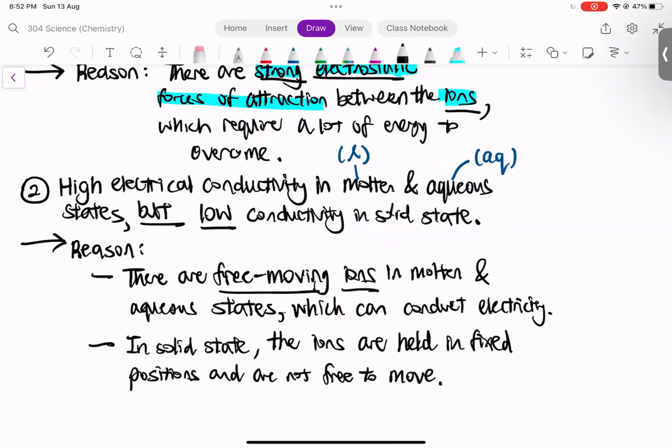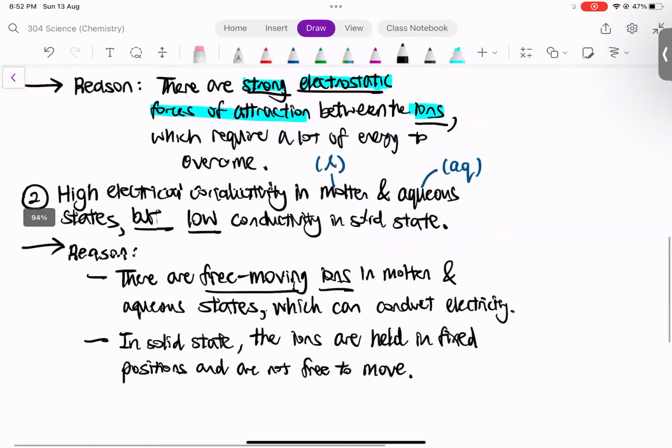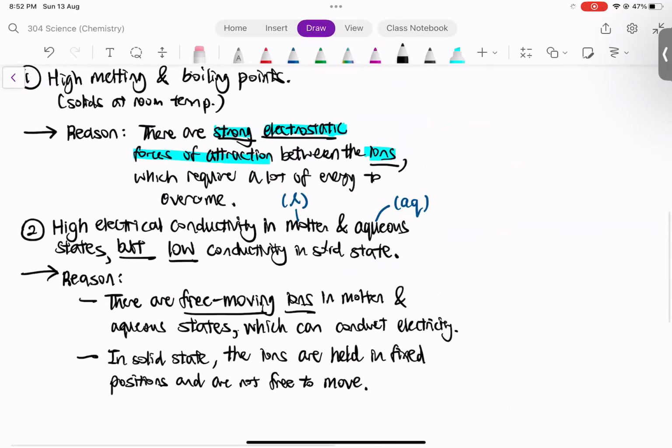So in the molten and aqueous states, you have free moving ions. However, in the solid state, the ions are held in fixed positions and cannot move freely. All right, so ensure that you have taken these explanations for both the melting point and the electrical conductivity down, and make sure you learn them before the exam, because these are things that you may forget quite easily.